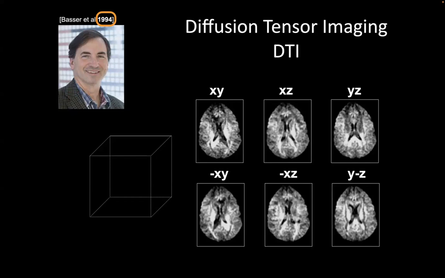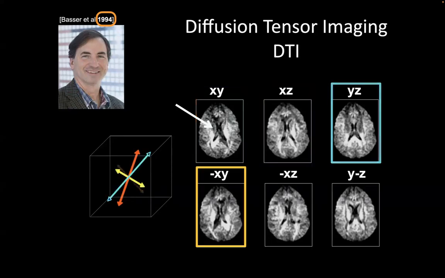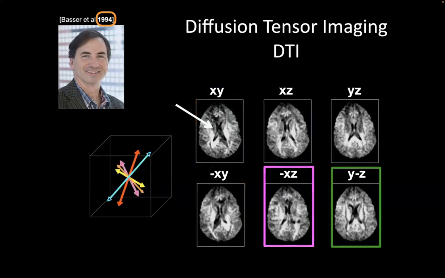Okay, and the word tensor here is the model. We're going to use a second order tensor. And I'm not going to do the math, but it is nothing more than a Gaussian in 2D, a normal distribution. And so if you acquire at least 6 images, before I had only 3, but 1, 2, 3, 4, 5, 6.